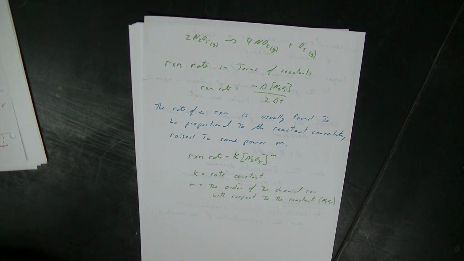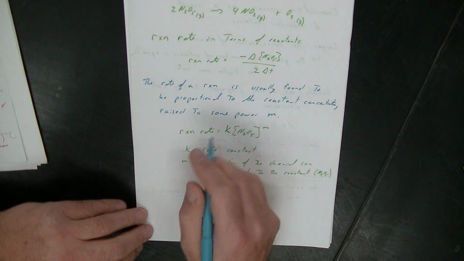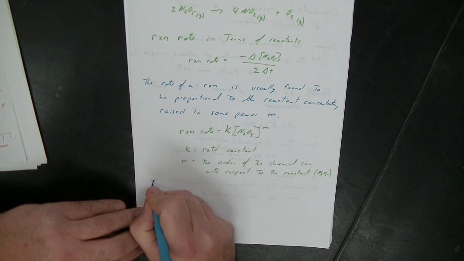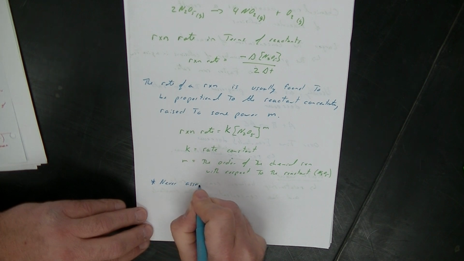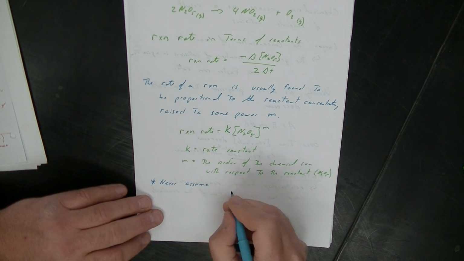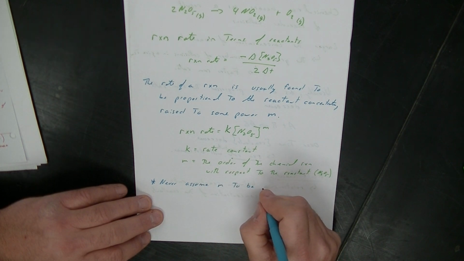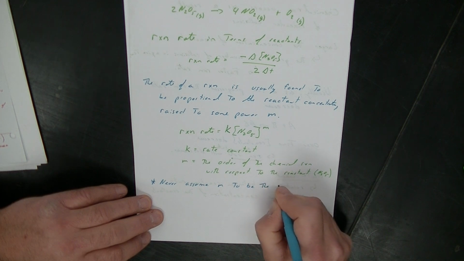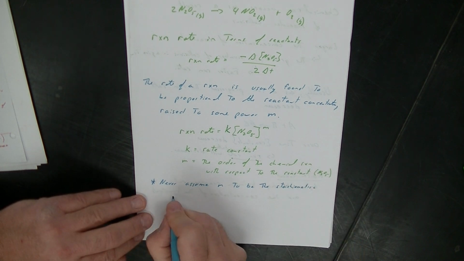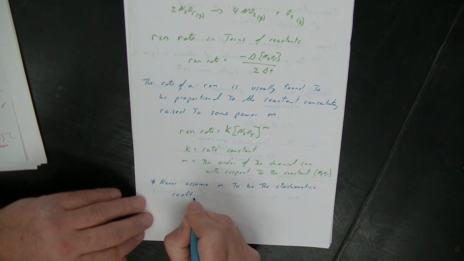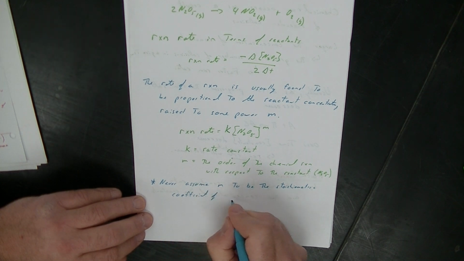So, something to remember, and this is a big mistake that students will often make when we're dealing with the rate law. Never assume m to be the stoichiometric coefficient of the balanced equation.